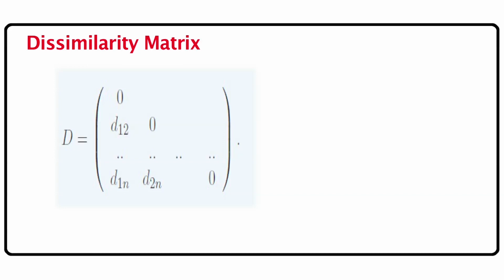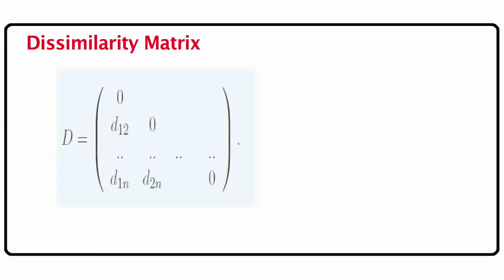The element D12 is the distance between the first individual and the second individual. Similarly, for the ith and the jth individual, we will have a distance Dij, which will be on the ith row and the jth column of this matrix.